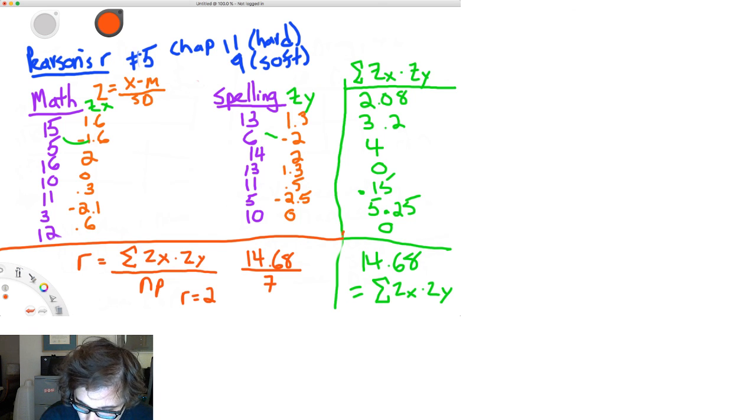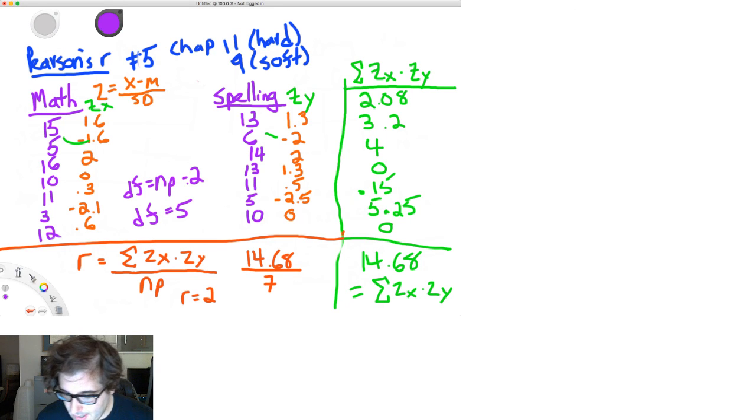So then we have to find our critical value of R. Which means that we have to find our degrees of freedom. In this case, degrees of freedom for Pearson's R equals number of pairs minus 2. So here our degrees of freedom would be 7 minus 2 equals 5.